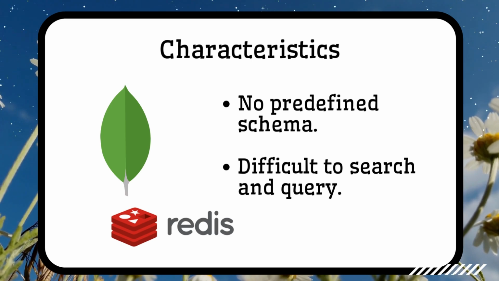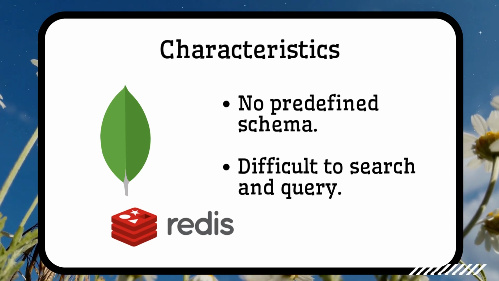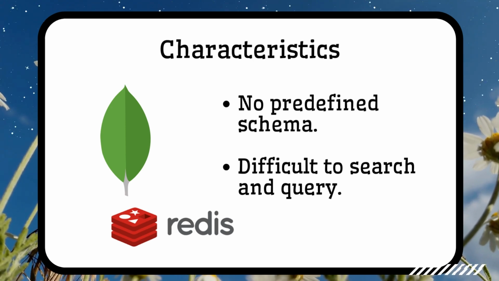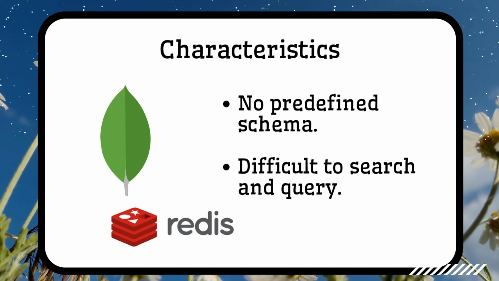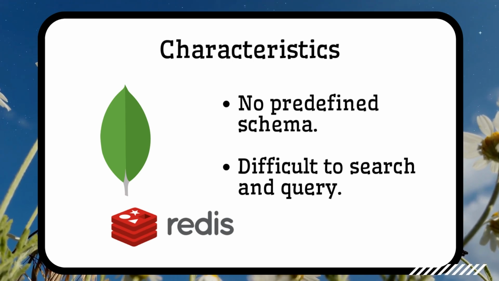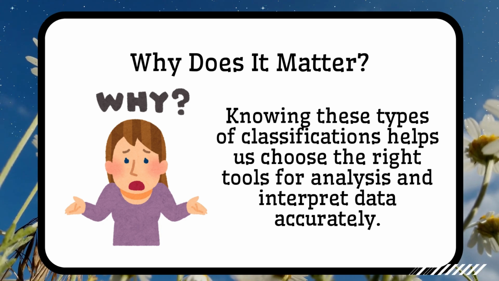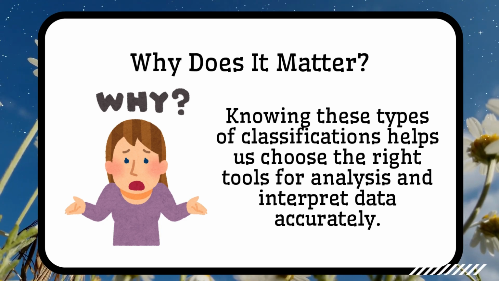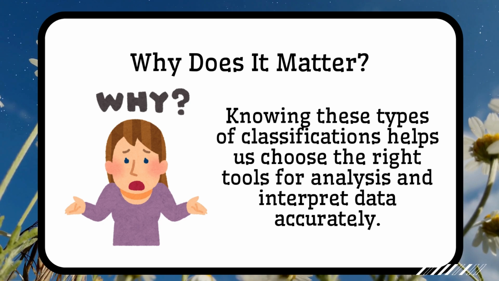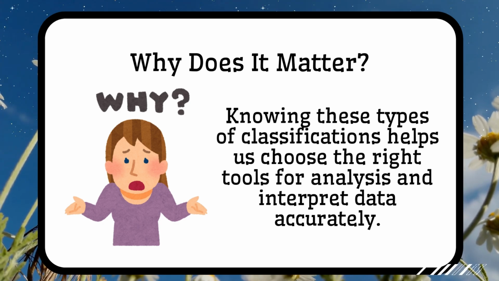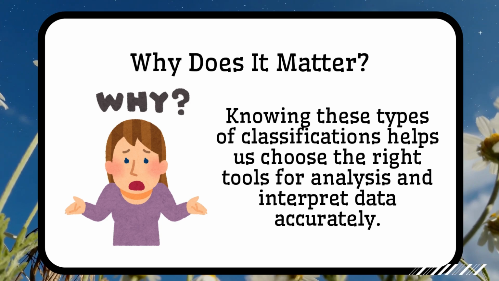Examples include text documents, images, videos, social media posts, sensor data. Unstructured data can be challenging to visualize due to its varied nature. So why do these classifications matter? Knowing these types of classifications helps us to choose the right tool for analysis and interpret data accurately.